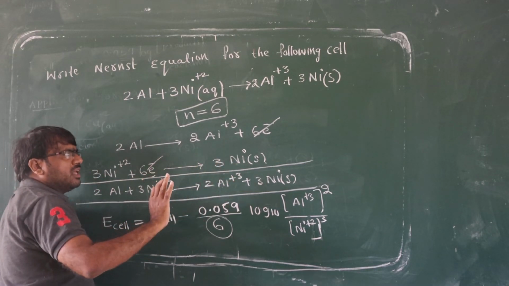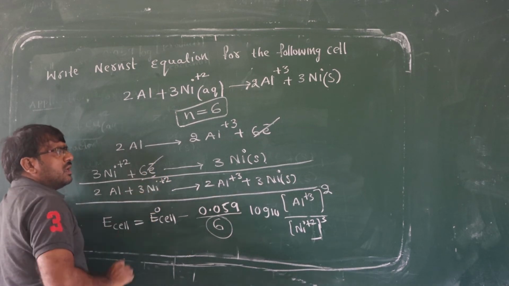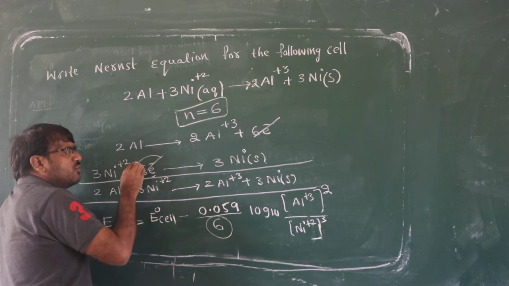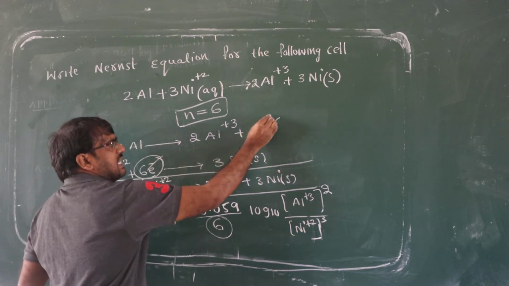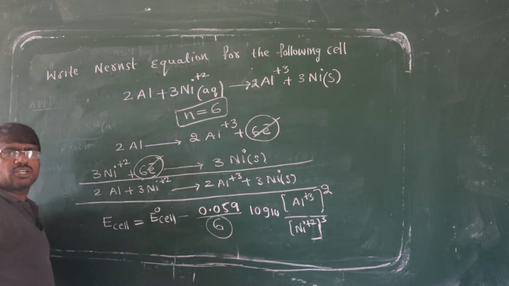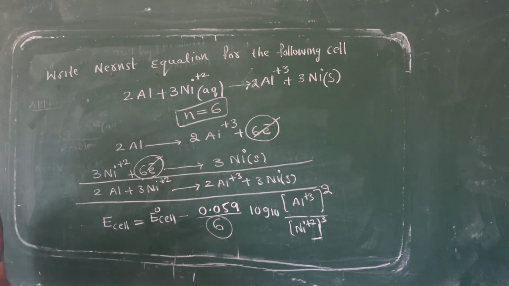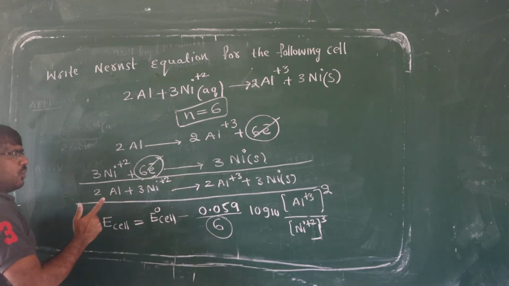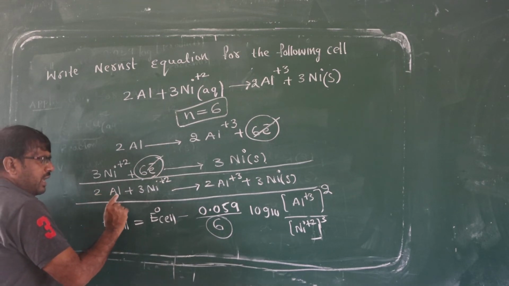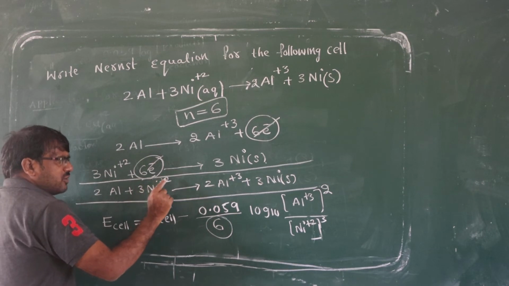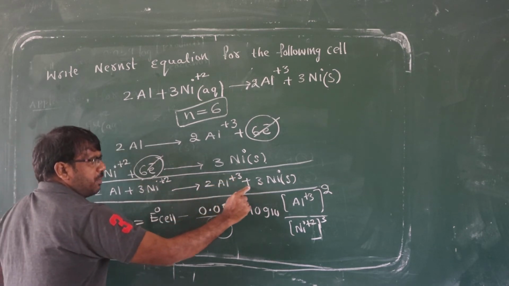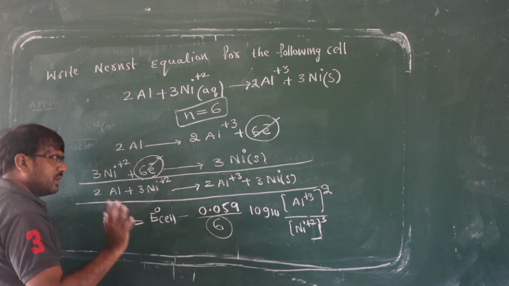So one point is cleared here. How many electrons are involved in the reaction? 6 electrons are involved in the reaction. Now 2Al plus 3Ni+2 gives 2Al+3 plus 3Ni.